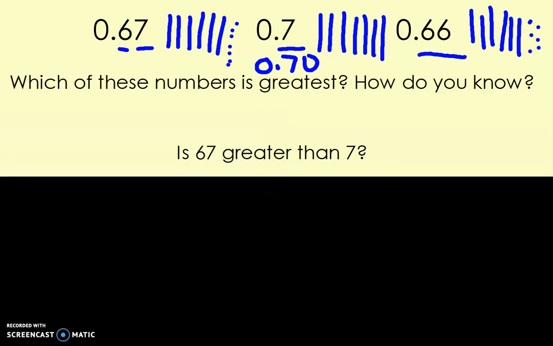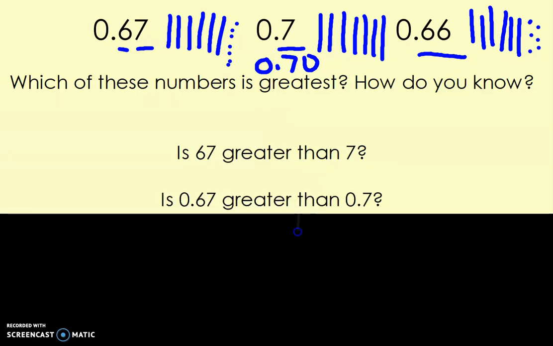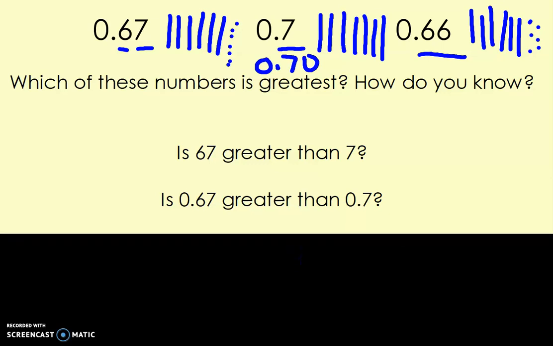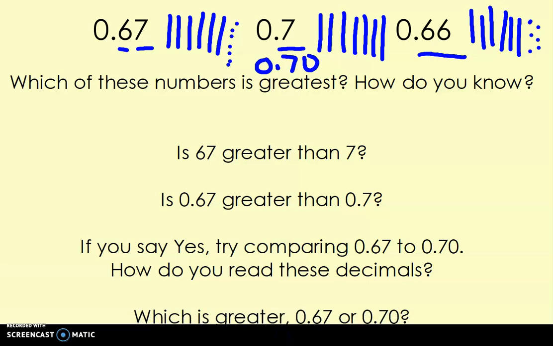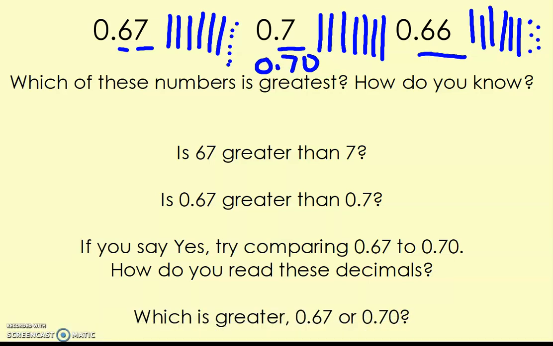So we think about, is 67 hundredths greater than 7/10? You can't just think of it like whole numbers anymore because it's not 7, it's 7/10, which is the same as 70 hundredths. So think about how you read the decimals, 0 and 67 hundredths, 0 and 7/10.